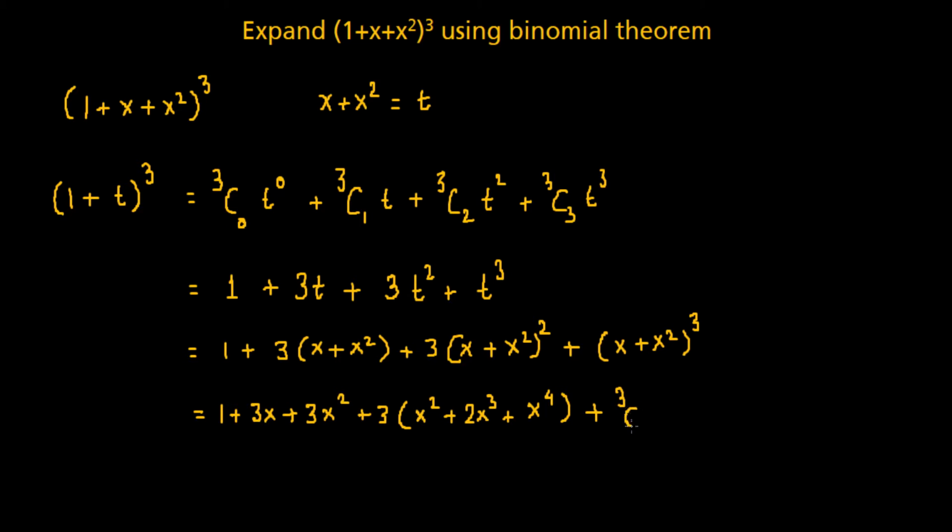So this is 3c0 x raised to the power of 3 times x squared raised to the power of 0, which is 1, so I'm not writing it right now.